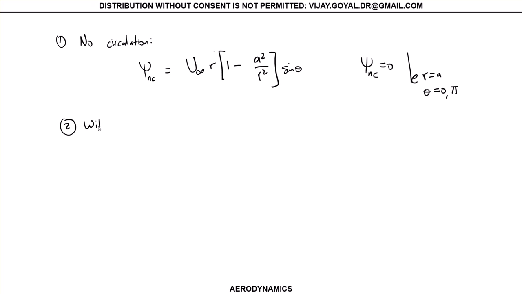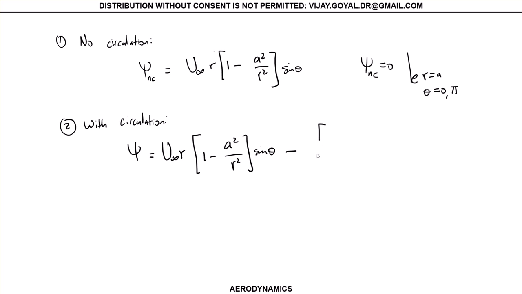Now, with circulation, your problem changes. So you have the same expression that you had before, 1 minus a squared over r squared, times r sine of theta, and then you're going to add the term gamma over 2 pi times natural log of r, plus a constant.